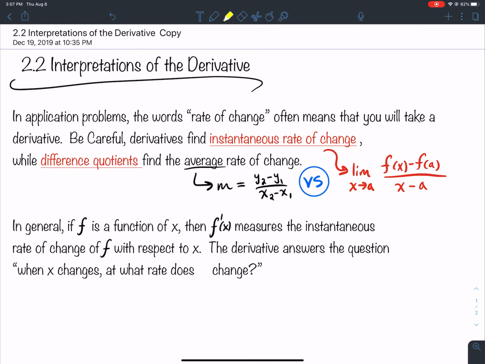So the derivative answers the question: when x changes, at what rate does f change? As your x values change, how are your y values changing?